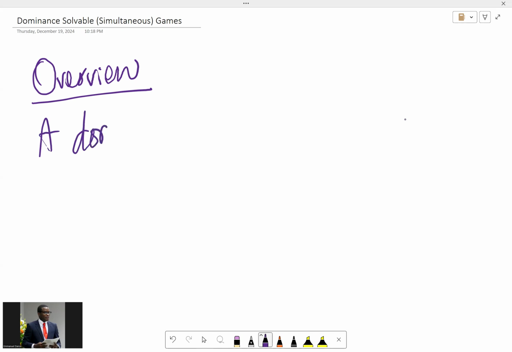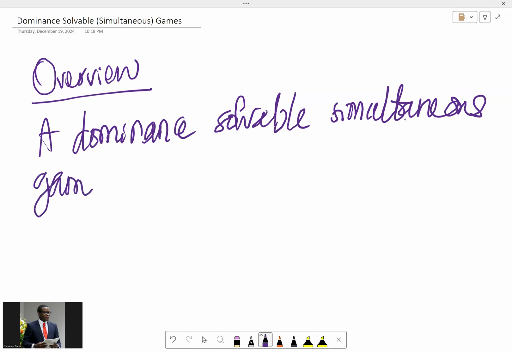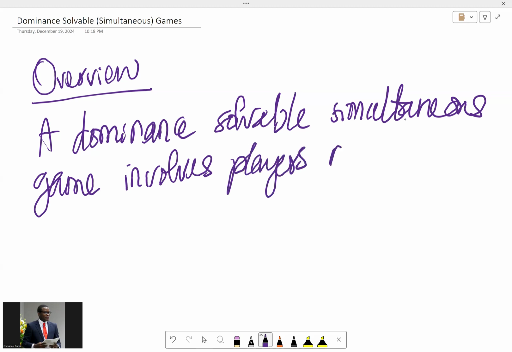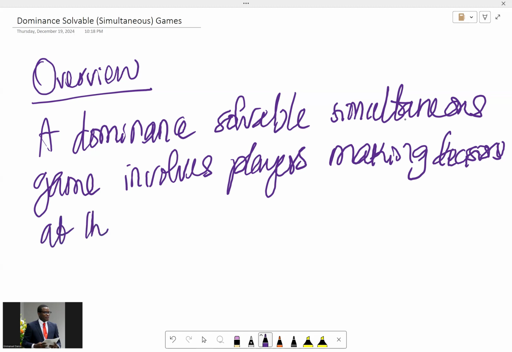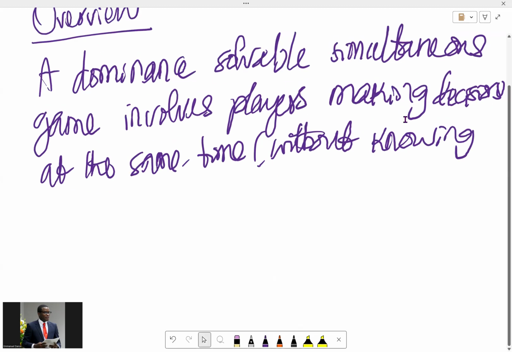So a dominance solvable simultaneous game involves players making decisions at the same time, without knowing others' choices.